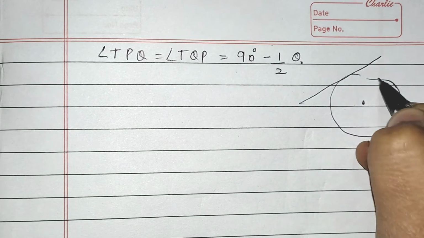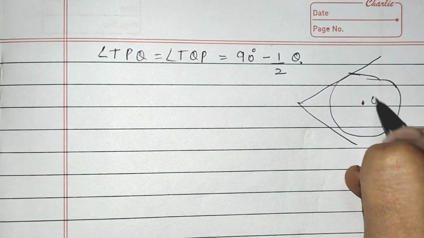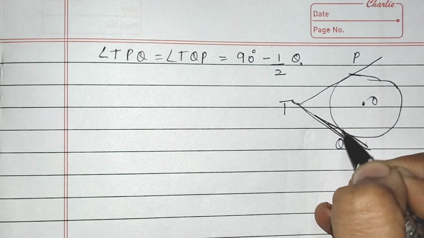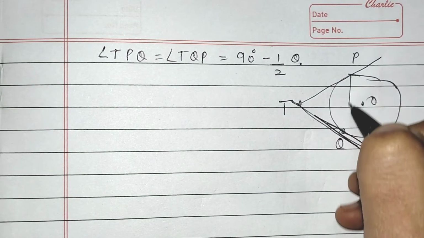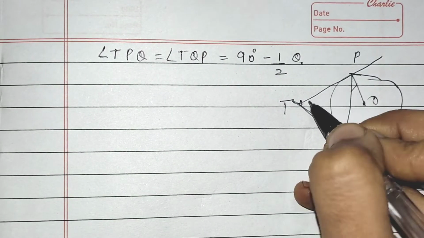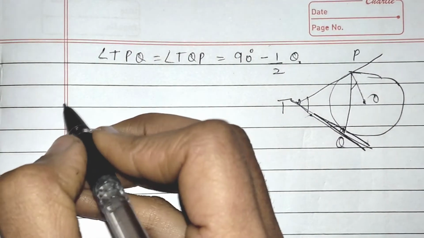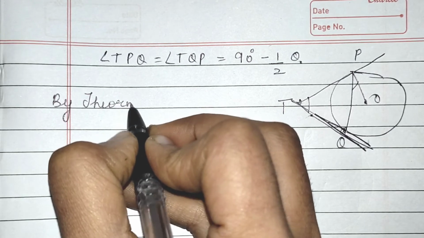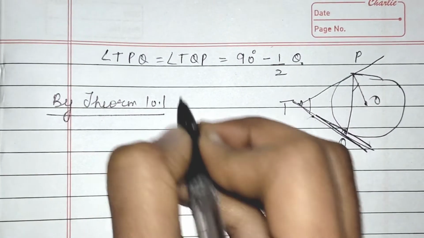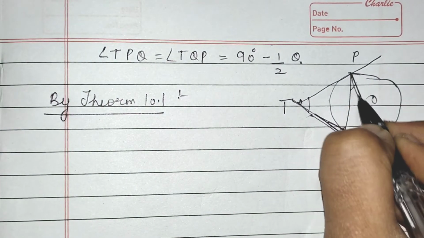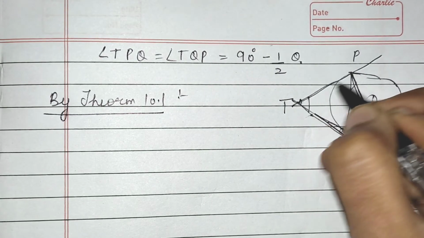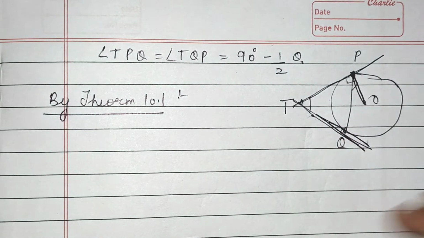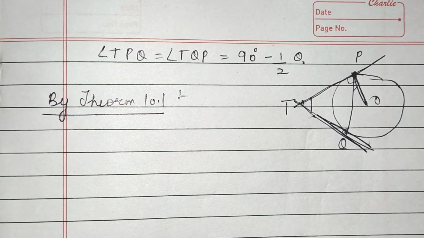I am going to draw it again for you. So this is O and this is T, this is P and this point is Q, right? Okay, so now again, by using the concept of theorem number 10.1, which says that any radius drawn at the point of contact of a tangent is perpendicular to the tangent.